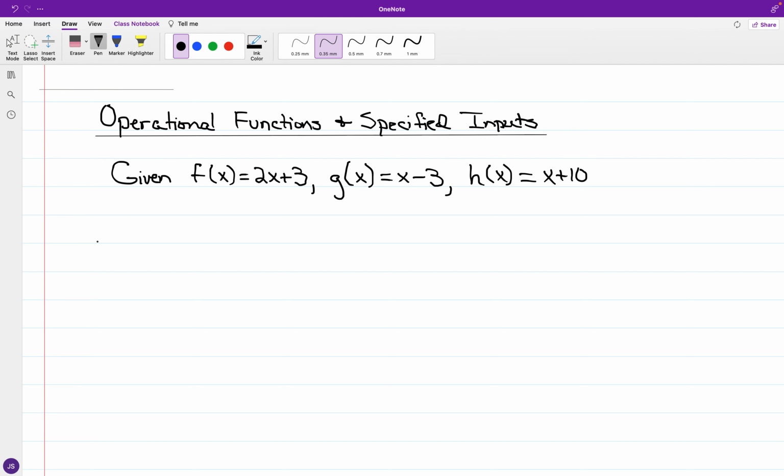Okay, so given what we have here and looking at specified inputs, we will determine f plus g of 4. And we'll say we have f minus h of 7.